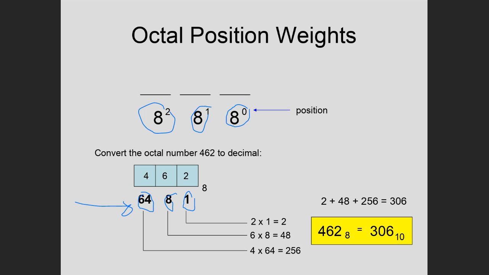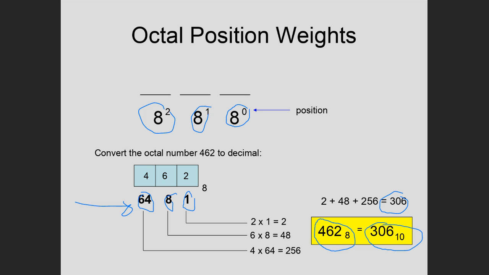And I got 2 1s, so down here I got 2 times 1. 4 by 64, 256. 6 by 8, 48. 2 by 1 is 2. If I add those up, then I get this number. So 462 base 8 in our number system is a 306.